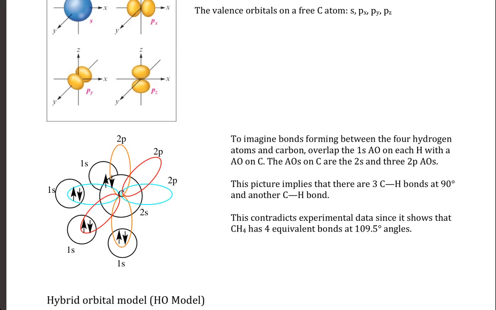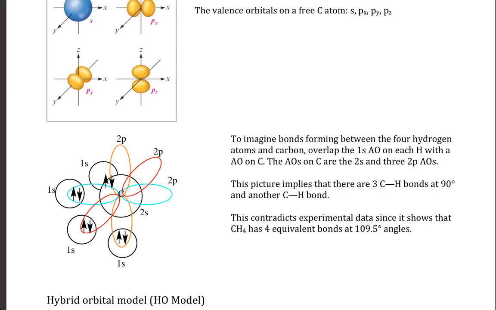In the middle, in our diagram there, the one with the orange and the red and the green and the black, C in the center represents the core electrons and the nucleus of carbon. The smallest circle around the C is the 2s atomic orbital. Then we see the 2p atomic orbitals, the 3 of them. The px one is the green one, the py one is the red one, and the pz one is the orange one.